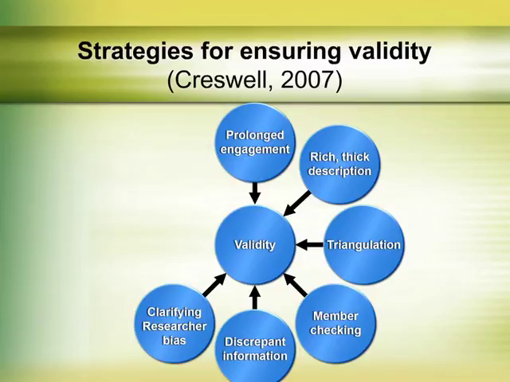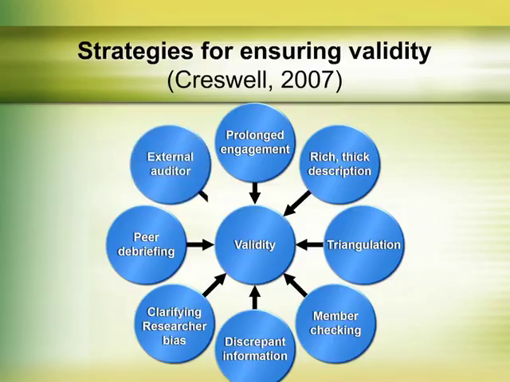Clarifying one's biases as a researcher similarly acknowledges those preconceptions or biases that will inevitably color the study's conclusions. Peer debriefing enlists the aid of a person other than the researcher to review the findings and ensure that they make sense. Finally, an external auditor is someone not familiar with the researcher or the study who can review the study's overall logic, coherence, and consistency.